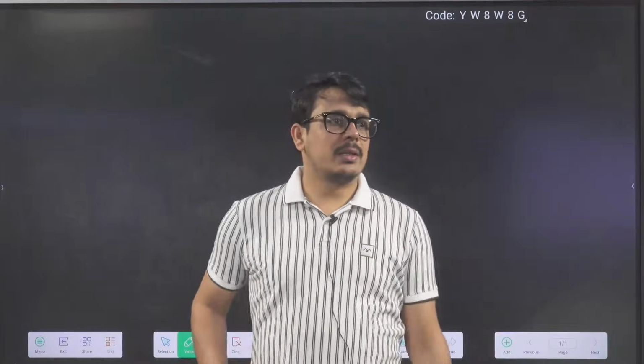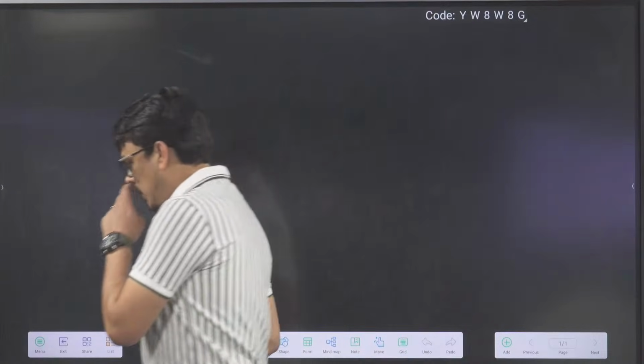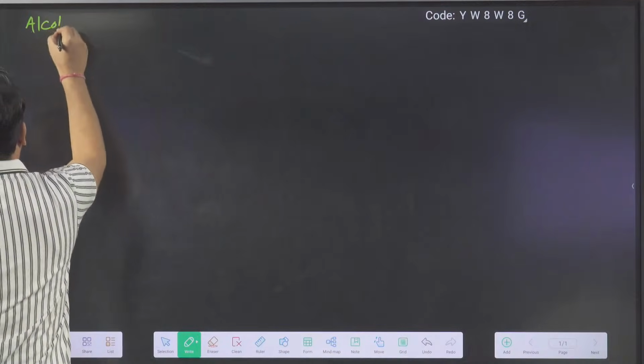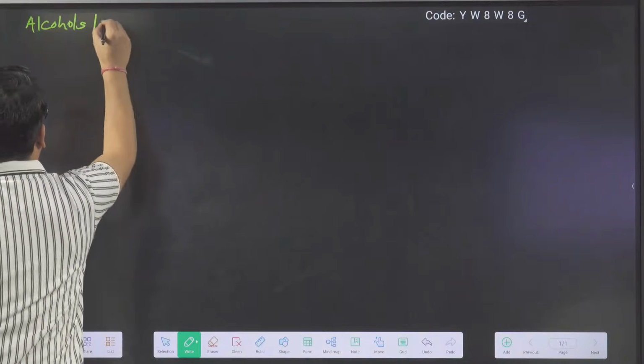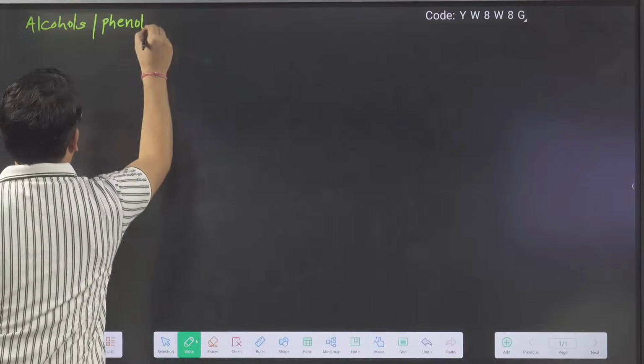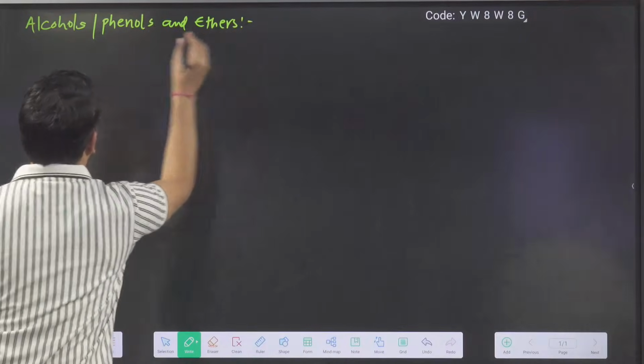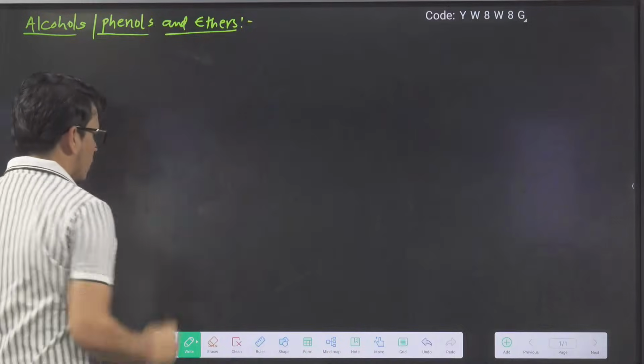So, today we will discuss the next segment of this class, that is the alcohols, phenols, and ethers chapter. A quick revision will be there.